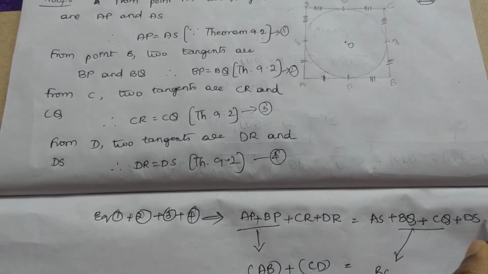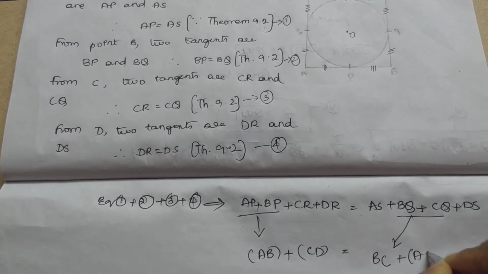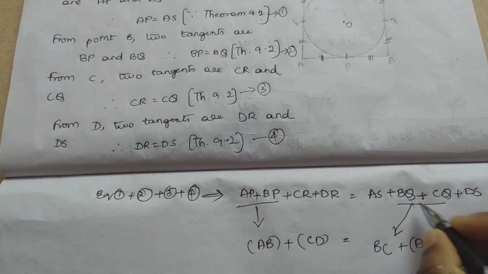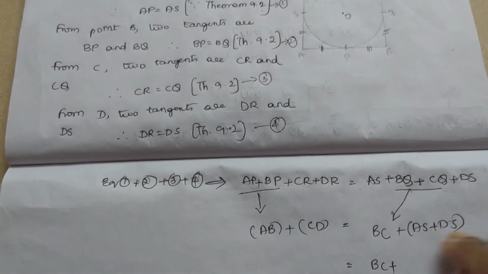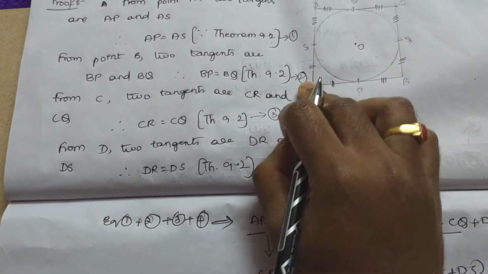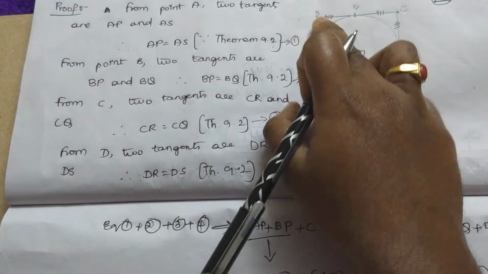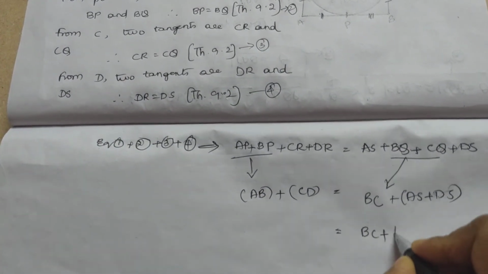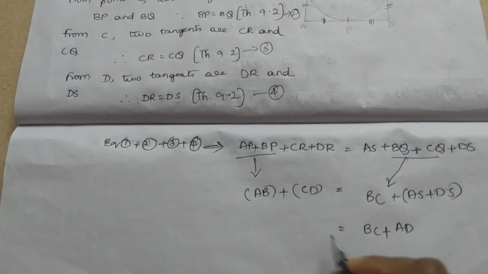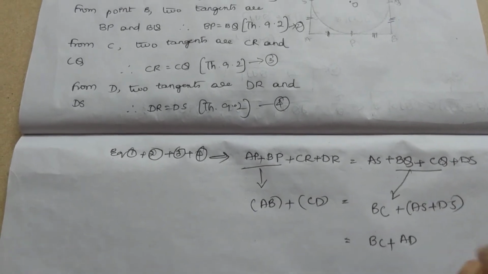Again AS plus DS. Write the same thing here. AS plus DS separately. Okay. So BC plus, what is AS plus DS? Let's see in the figure. AS plus DS is nothing but AD. BC plus AD. So AB plus CD, we got it as BC plus AD.